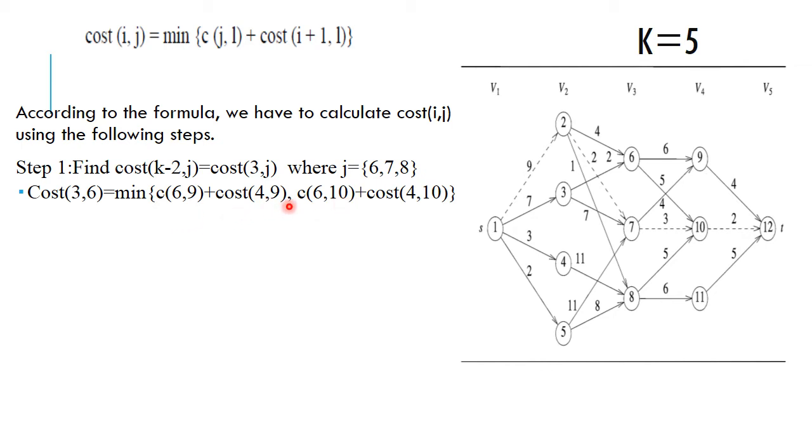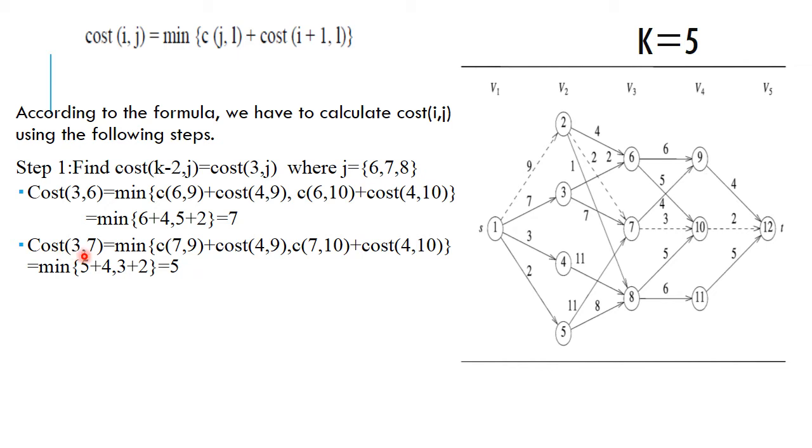What is cost of 4, 9? Here 4 is the last but one stage. Remember, always in the forward approach, the cost from the last but one stage to the destination node will be equal to the edge weight. So cost of 4, 9 will be equal to the edge weight of 9, 12, and similarly the edge weight of 10, 12 here. So that will give you the minimum of 6 plus 4, 5 plus 2, equal to 7.